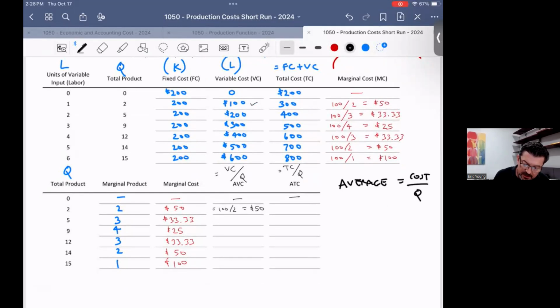For the next line, 200 divided by 5, or 40. For the next line, when we have 3 workers and 9 pizzas, our variable cost is 300. So our average variable cost will be that 300 divided by the Q, which is 9, 33.33.